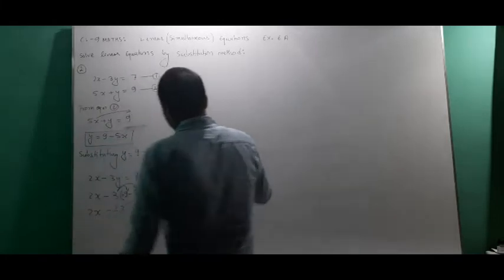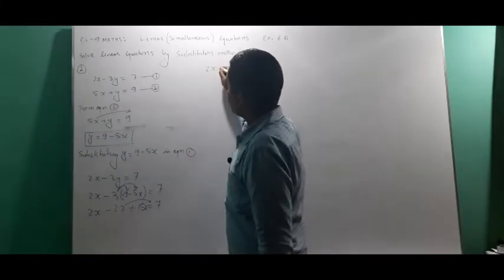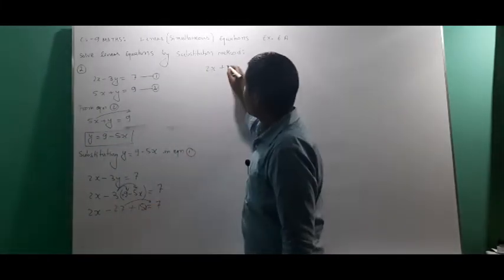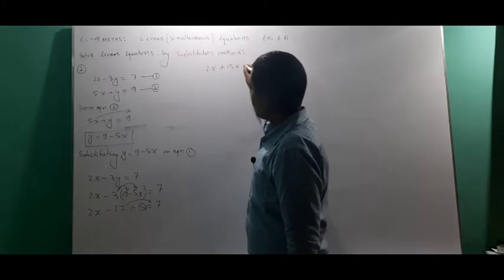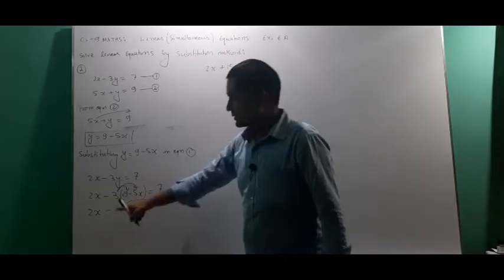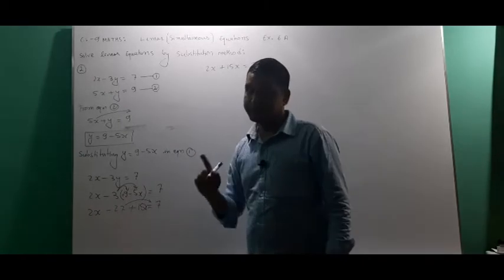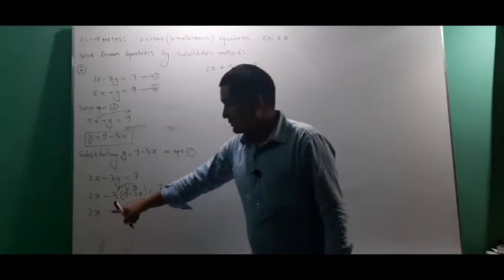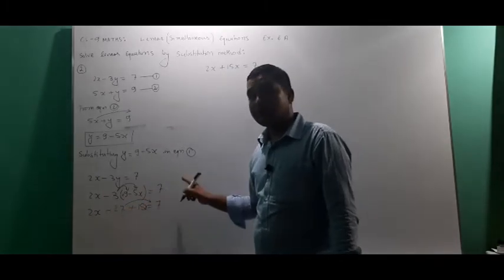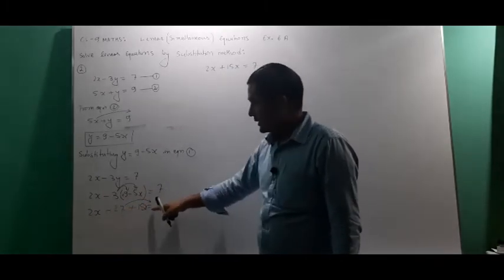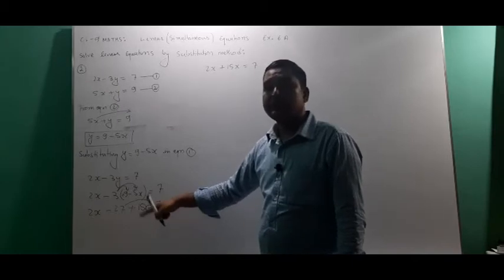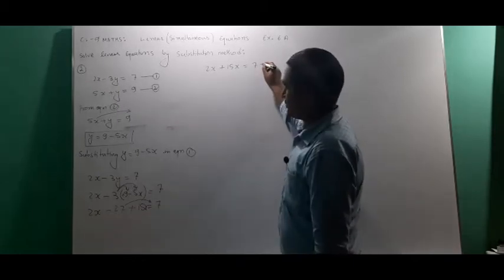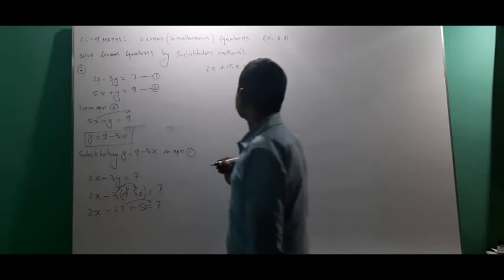Now what is there? 2x plus 15x equals 7. When a number goes to the other side, the sign changes. What sign is there? Minus sign. When it goes to the right of the equal sign, the sign changes to plus, then plus 27.